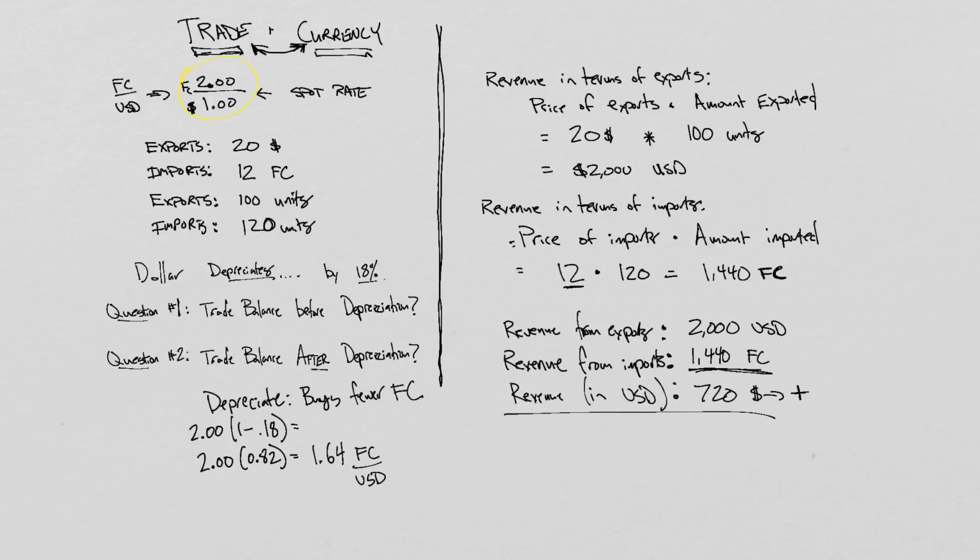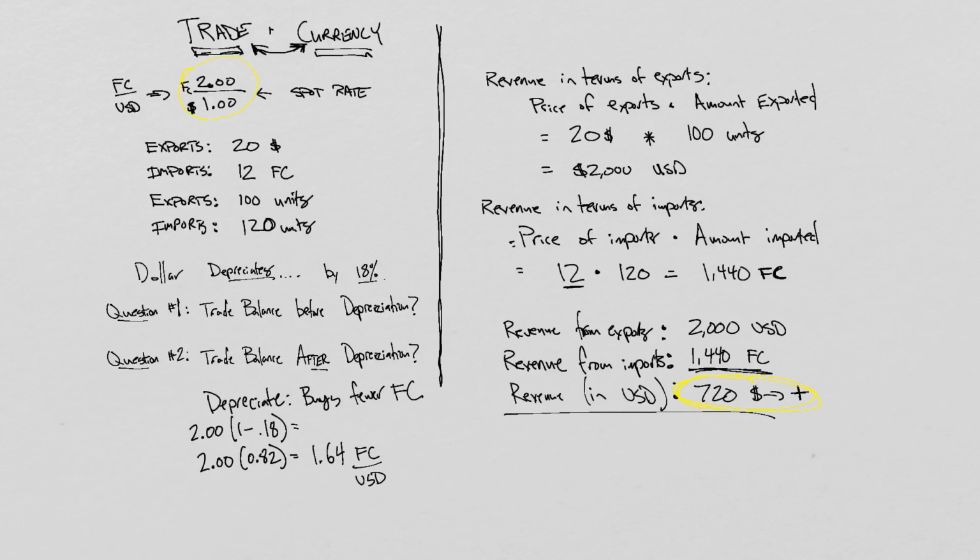So if the US still exports in terms of US dollars, and we want to figure out the effect on the trade balance, exports minus imports, after the currency changes, the only thing that we need to change in the after state is the revenue from imports in terms of USD.